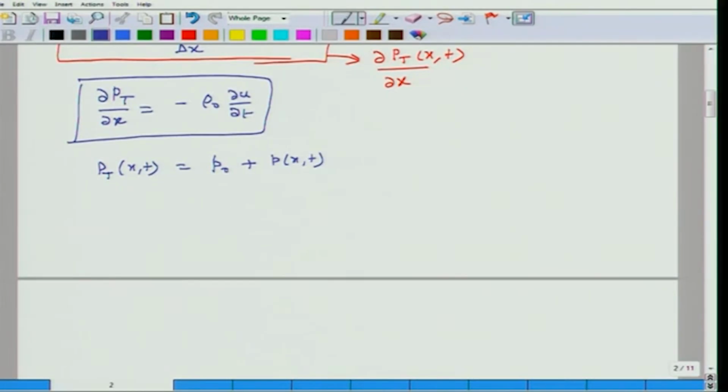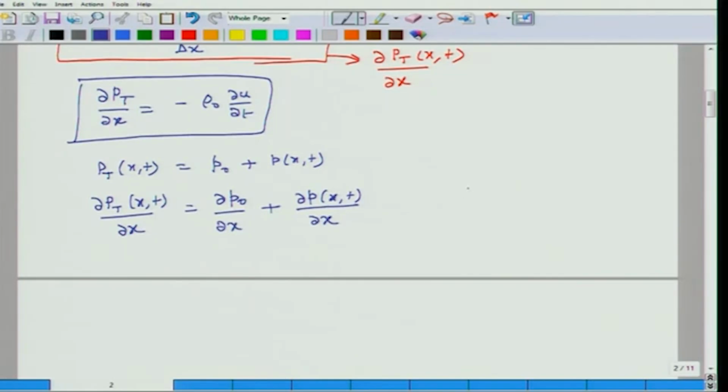So, essentially what that means is that partial of P t with respect to x is nothing but partial of P naught with respect to x plus partial of P with respect to x. Okay.